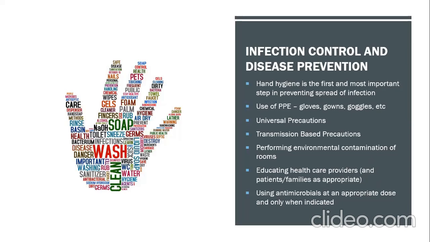Because one of us passed it to them, or all of us collectively, not being mindful of infection control. Hurrying up and just wiping stuff down real quick and then just throwing the patient in a room. And then the other piece is educating patients and their families. How do they prevent spread of infection at home?